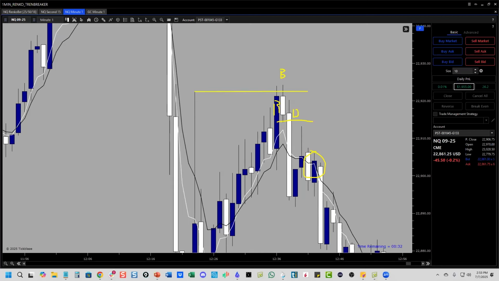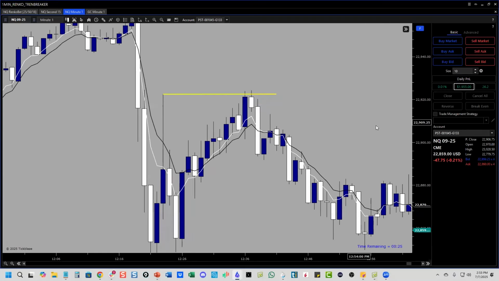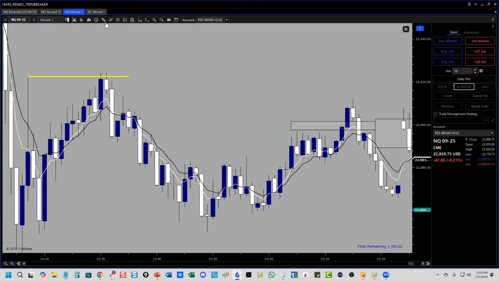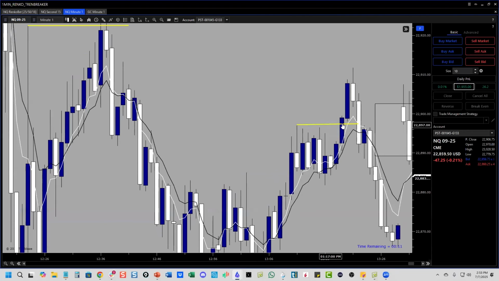I'm here to tell you that if you are using a 5-minute and it sweeps the highs of any of these pullbacks, take a look. I'm not making this up, guys. I spent weeks looking at this data, weeks and weeks of just looking at every single level. So they swept it here, and they swept it all the way up.